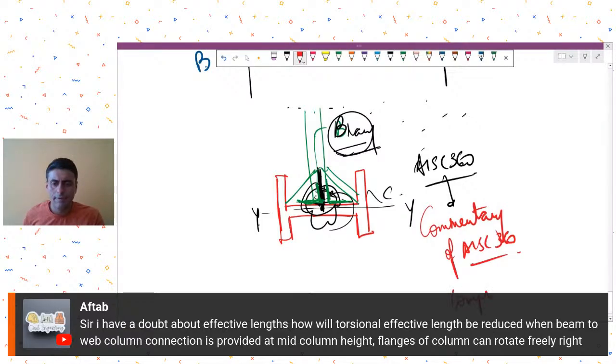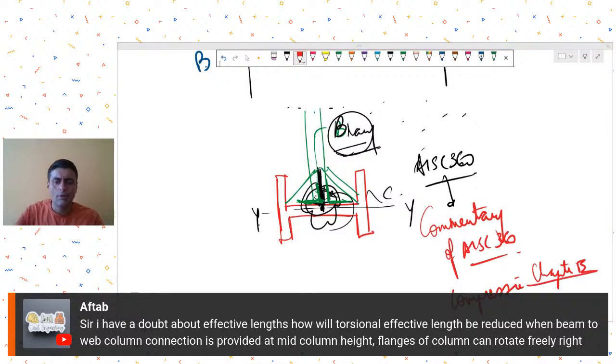You will be interested in reading that commentary. I should point out here that such a distinction between flexural buckling and torsional buckling is not made in the Indian standard. This type of distinction is there in the American code, but it's not there in the Indian standard.